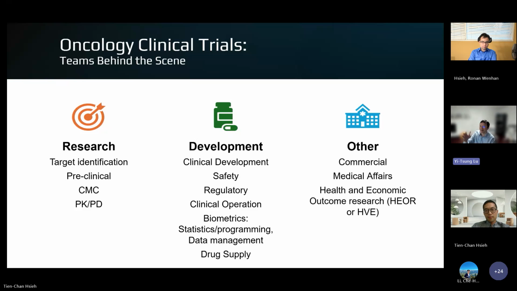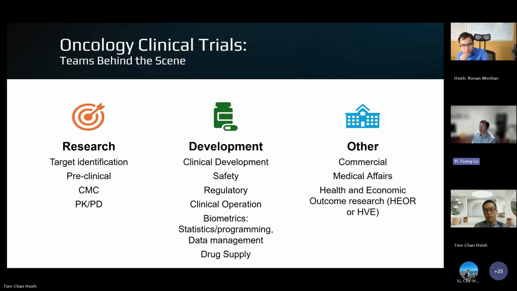And then there's another half, or maybe more than half. Maybe 80% of our clinical personnel are clinical trial associates and clinical research associates. Those are the folks that go into the field, going to the hospital, and check the data with the research coordinator and research nurse.